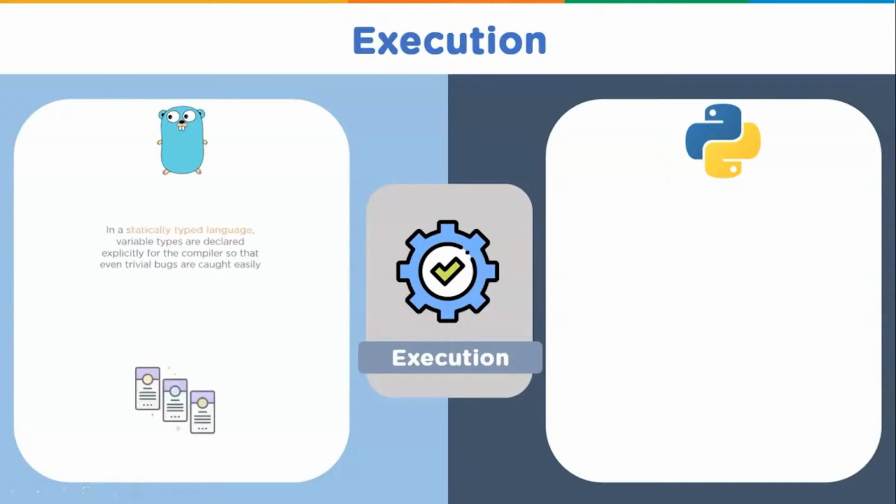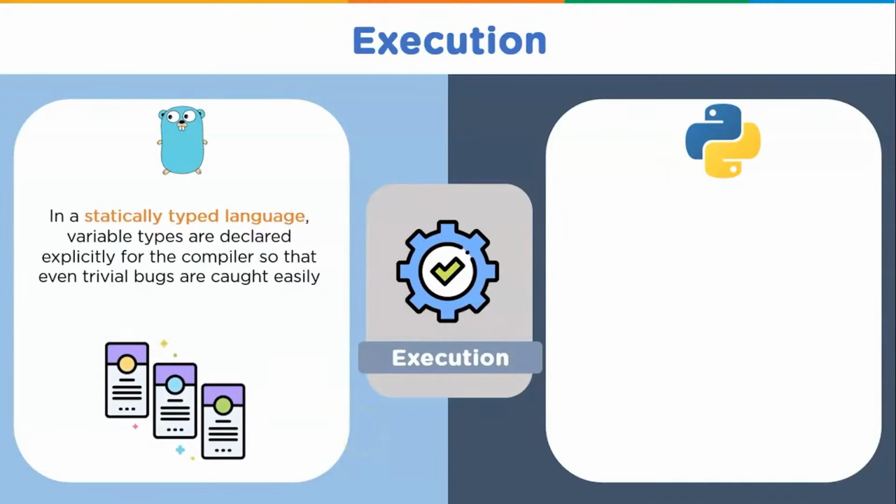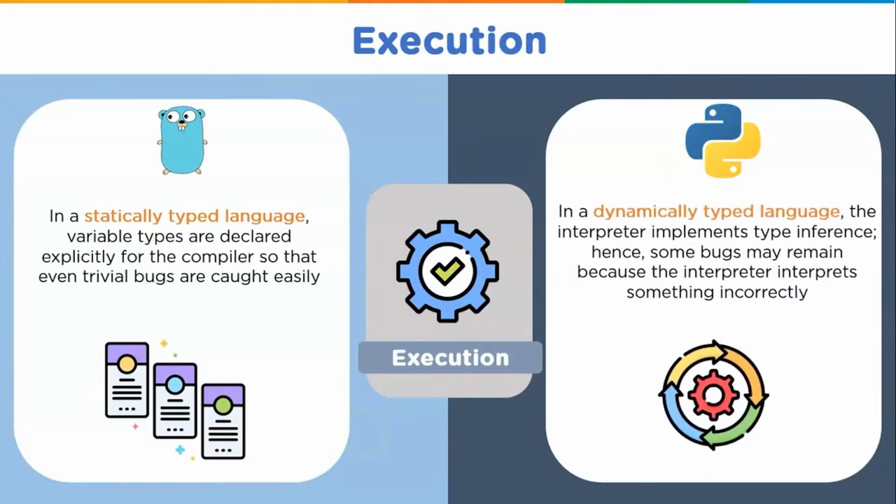Golang is a statically typed language, whereas Python is a dynamically typed language. Python and Golang use an interpreter and a compiler respectively. Now, we will understand what a statically typed language and a dynamically typed language are. In a statically typed language, variable types are declared explicitly for the compiler so that even trivial bugs are caught easily.